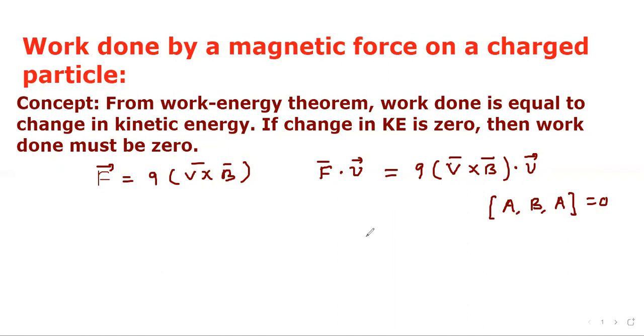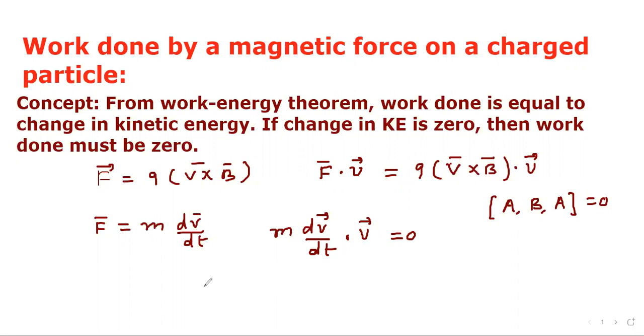Now, we know that F equal to MA and A is dV upon dt. So we write M dV upon dt dot V from here, F into V, equal to 0. Now we multiply and divide by 2, or we write it twice.